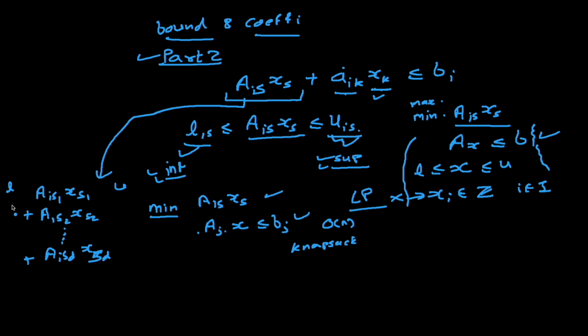For most of them you will find lower and upper bounds using this infimum and supremum, and the overall lower bound and upper bound for this expression, you just add up these lower bounds. If you add up all these lower bounds, you get a valid lower bound for this entire expression. Same for the upper bound.